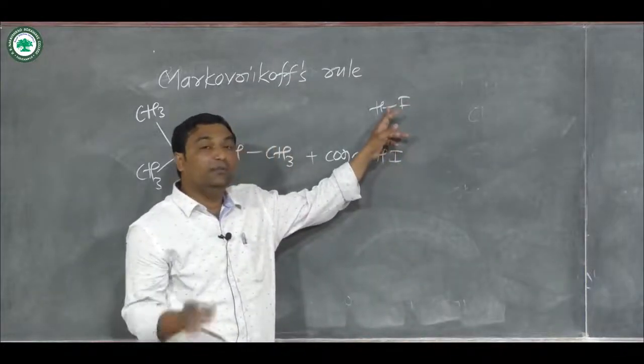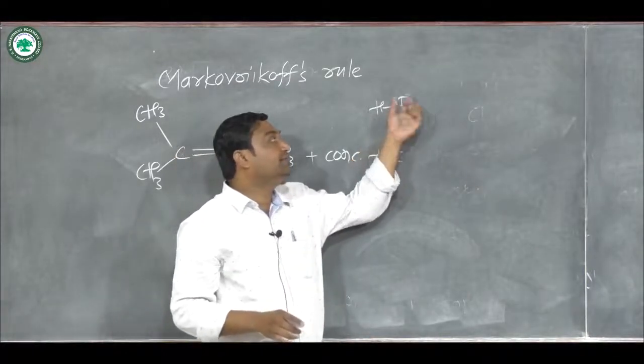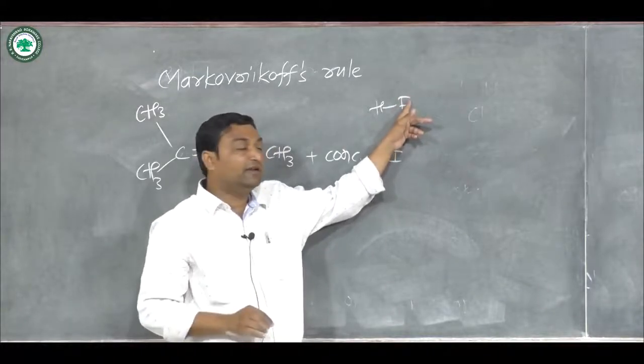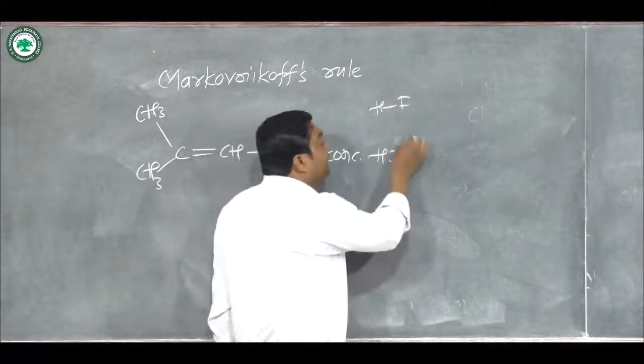These electron pairs will be attracted towards this iodine atom, and the iodine atom in HI becomes partially negative.